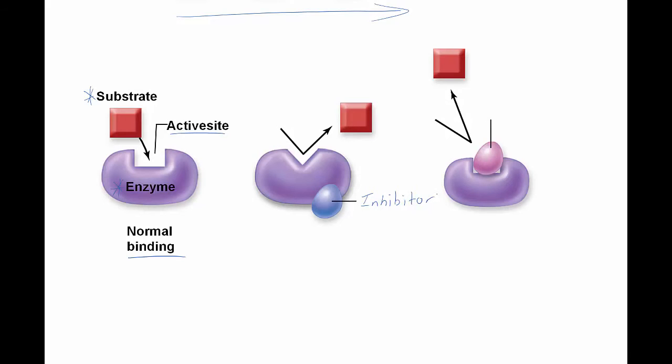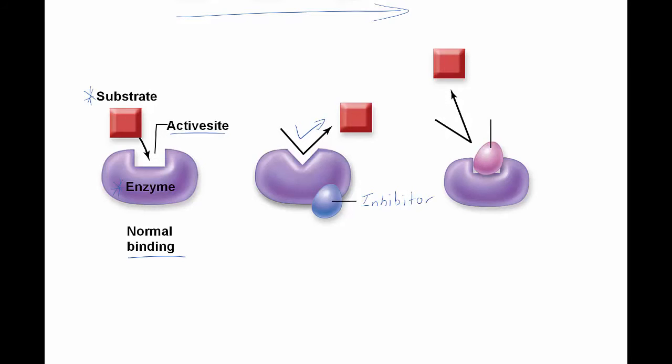And what that inhibitor does is it can attach itself to a part of the enzyme other than the active site, but it does actually change the shape of the active site so that the substrate can no longer fit that active site, and an enzyme early in the metabolic pathway can no longer produce a product, therefore the whole metabolic pathway is stopped.